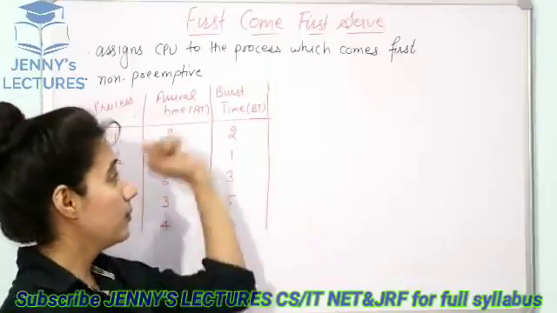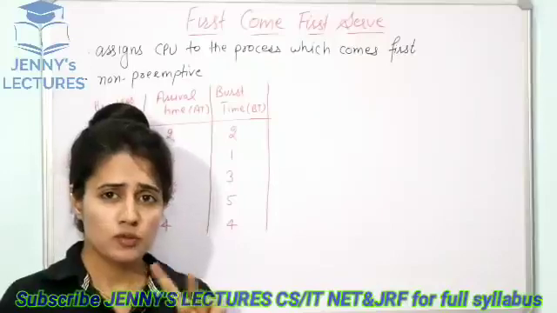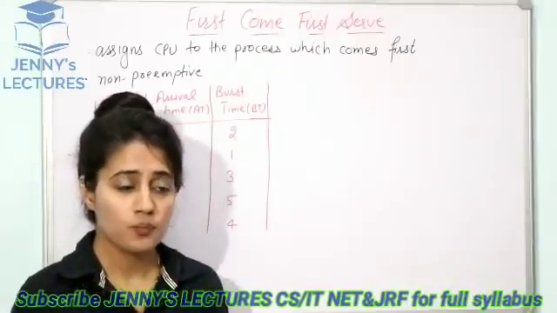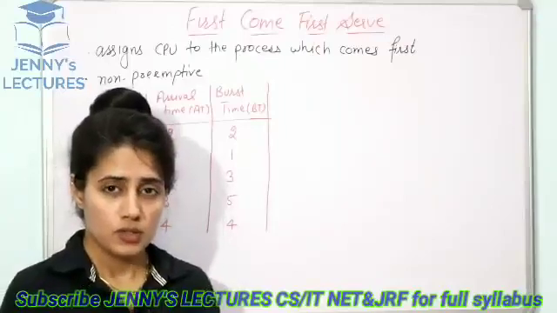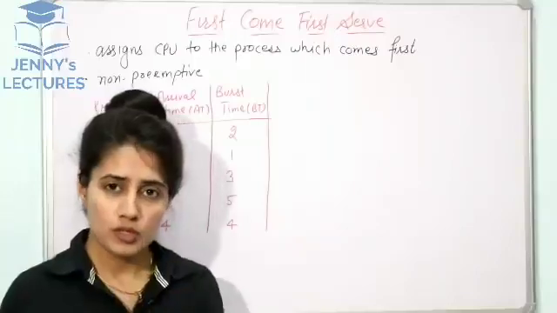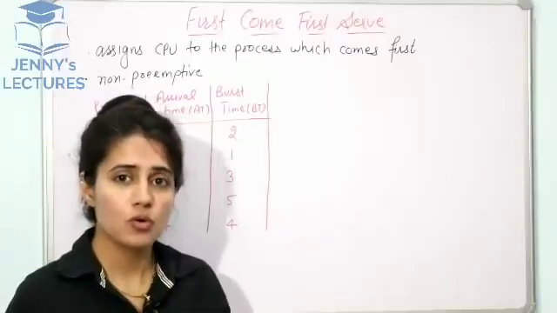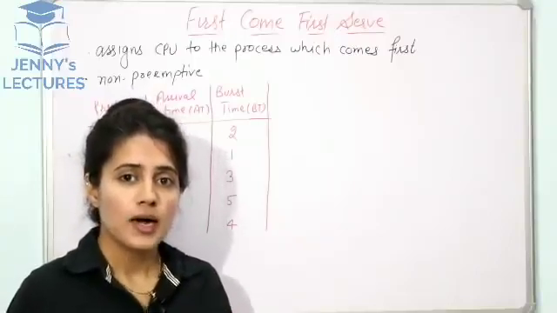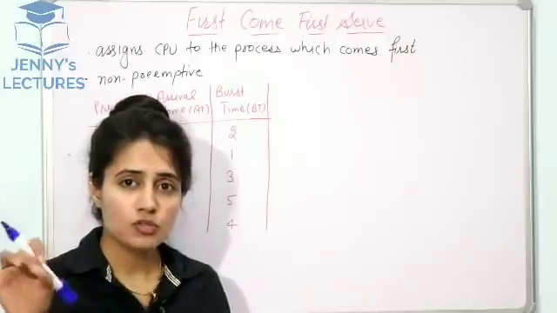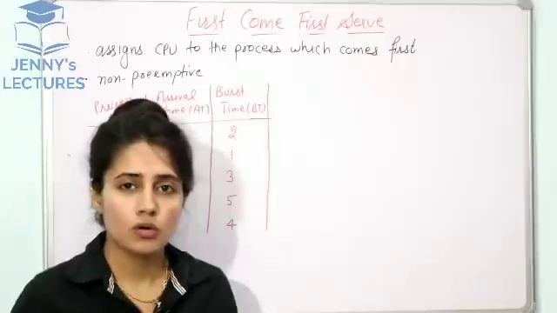Now what does non-preemptive mean? See, two types of CPU scheduling algorithms are there. One is preemptive and one is non-preemptive. In non-preemptive, if the CPU has been assigned to one particular process, then that process holds the CPU until its termination, or you can say until it reaches a waiting state or blocked state.